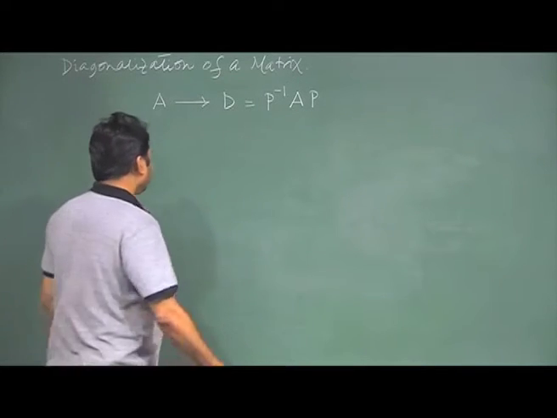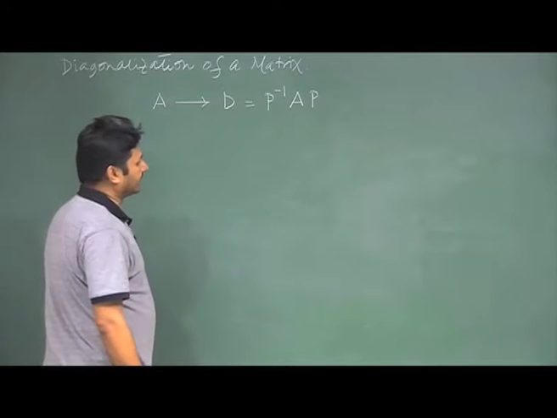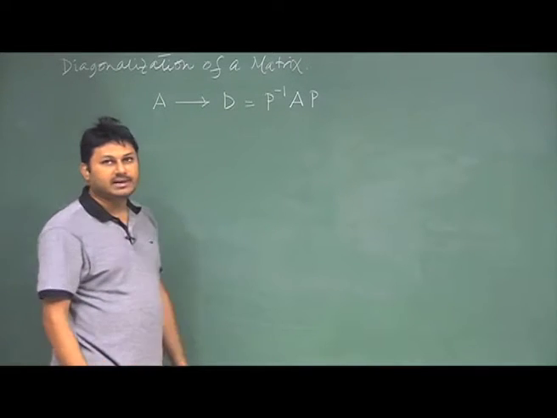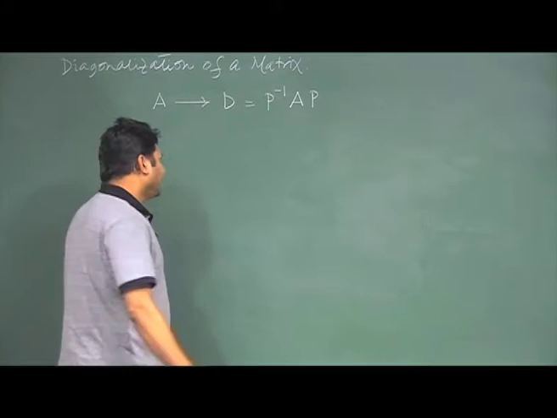So, what should be the P? That is the important question here. How to generate a P?